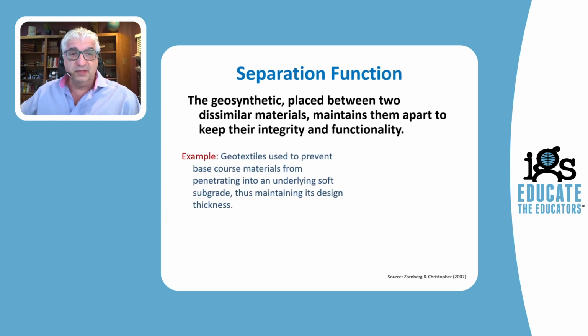A good example is that of a geotextile used to prevent the base course of a road from being contaminated with the fine-grained soils that may constitute the subgrade. Here we have an illustration in which the base course, the unbound aggregate of a roadway, has been contaminated with the fine-grained soils of the subgrade.